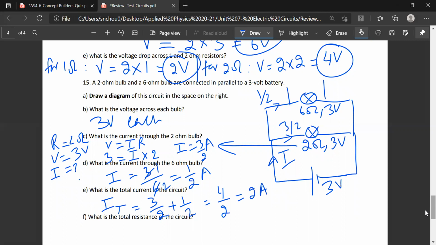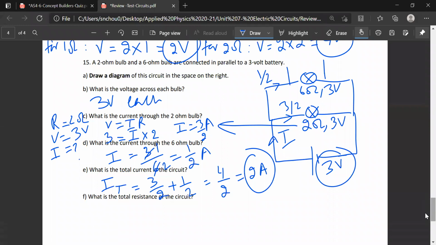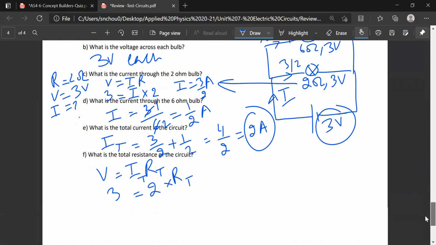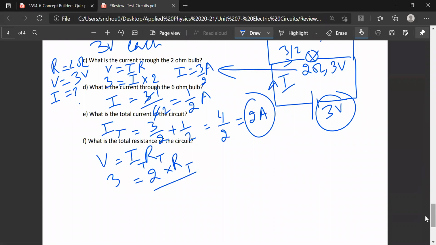What's the total resistance? The total current and the battery voltage will determine the total resistance. If you use the formula V equals IR, the battery voltage is 3. The total current is 2. So R total, these will be the totals this time. You divide both sides by 2.